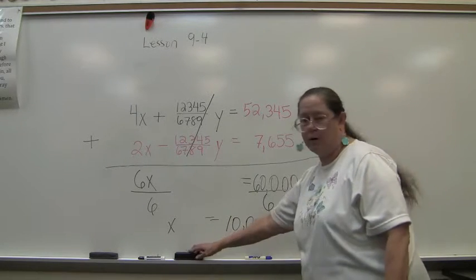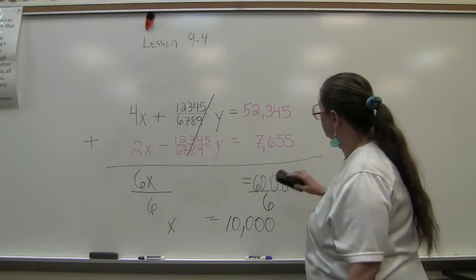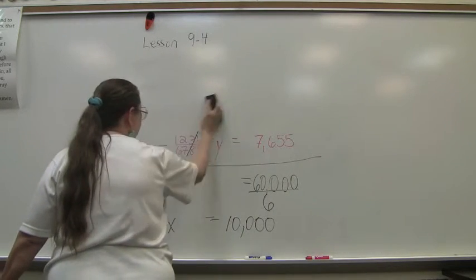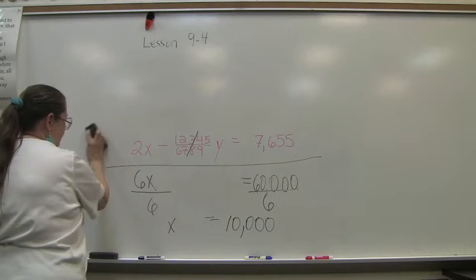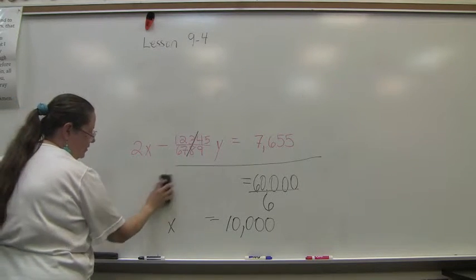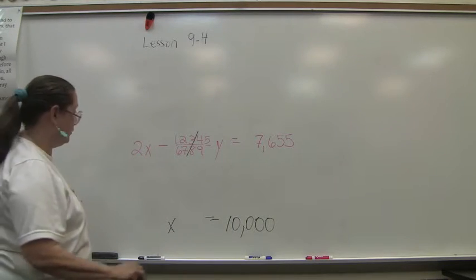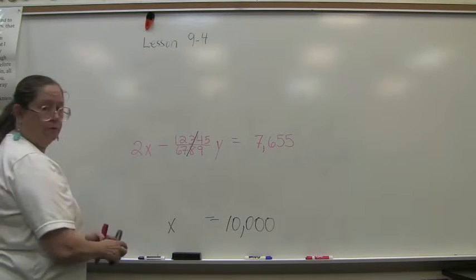Okay? So I'm going to do that. I'm going to erase the top here, and we're going to take our 10,000 that we got for x and plug it in and solve for y.